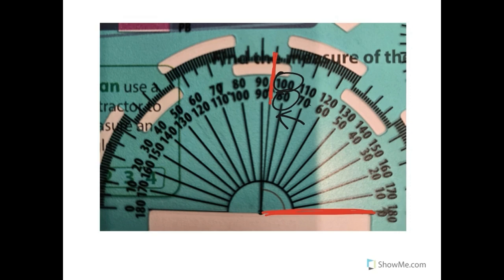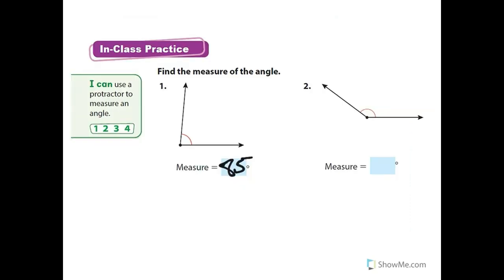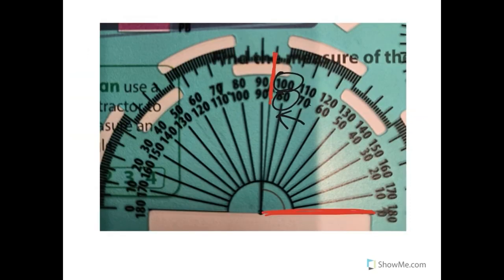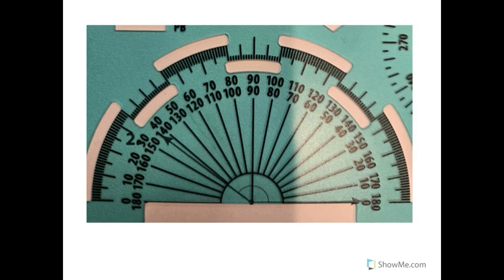And then number two measures like this, and we do the same thing. We have our template. Line up one side at the 0, and then we're looking at our arrow there. What is it pointing toward?